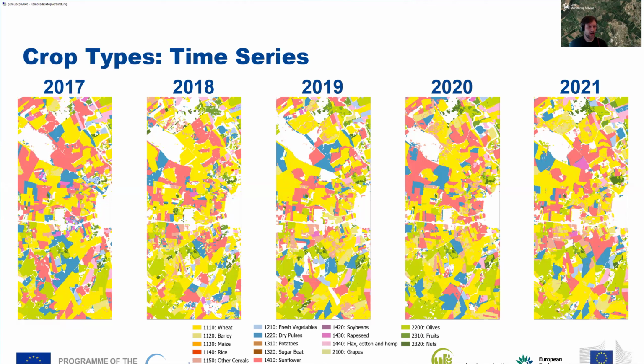And here you can also see quite well that, for example, in the upper central part of these areas, there's quite a change within the crops that are grown within these 5 years, and the permanent crops are stable throughout the 5 years in the bottom part.